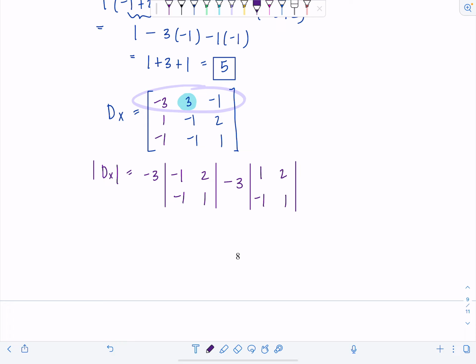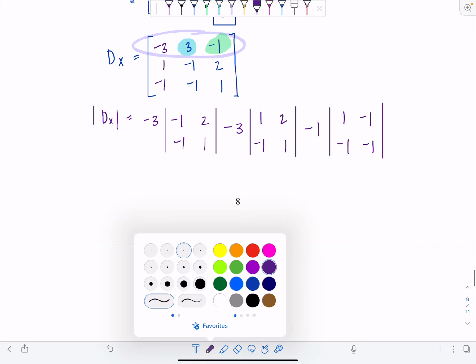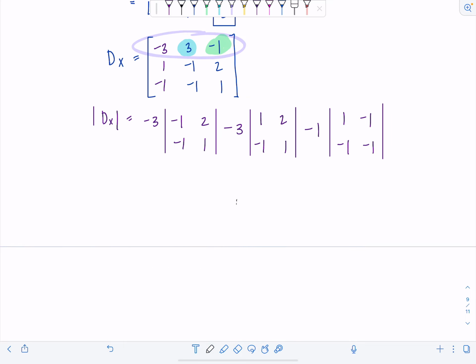Yes, yes, yes. Then don't change the sign on the last one. So that'll stay -1 times, get rid of that row and column. I have 1, -1, -1, -1.